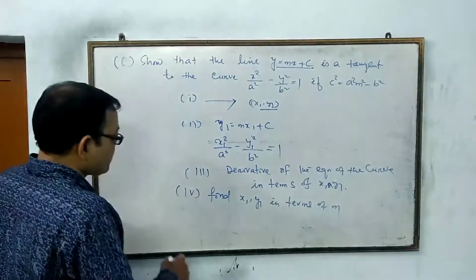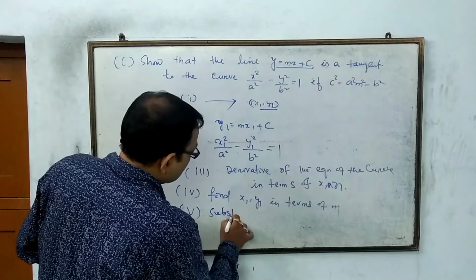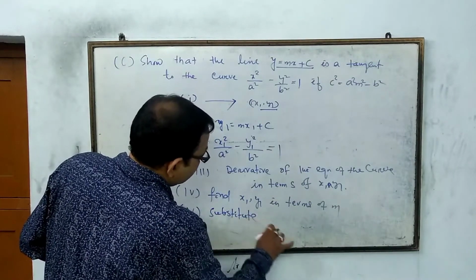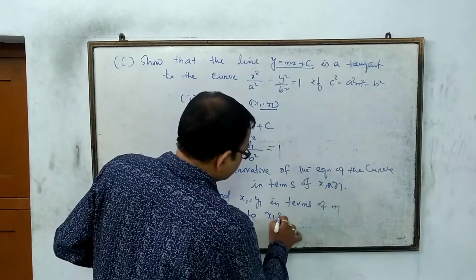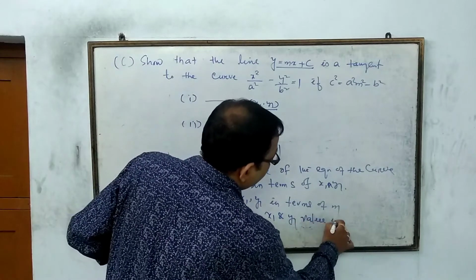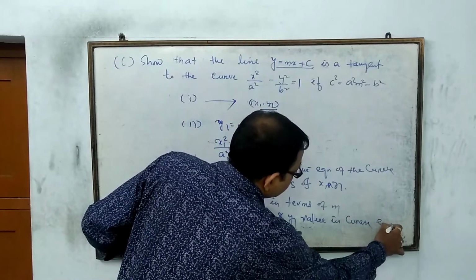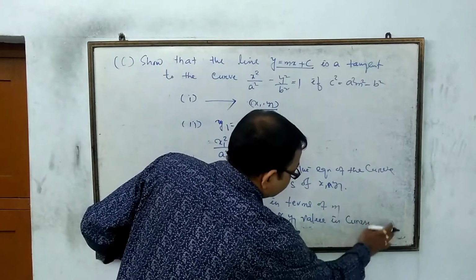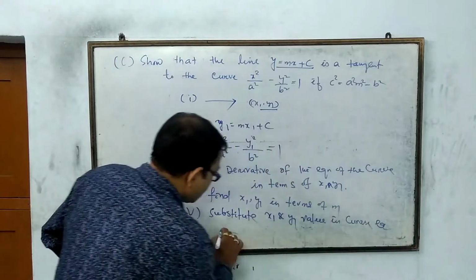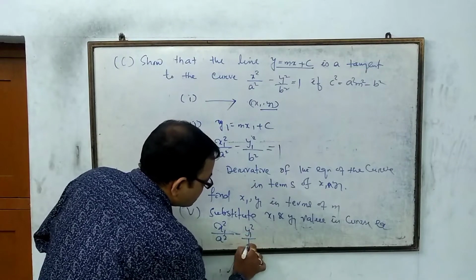Then fifth step, substitute x1 and y1 values in the curve equation. Curve equation, that is equation 2 what we have taken, that is x1 square by a square minus y1 square by b square equal to 1.